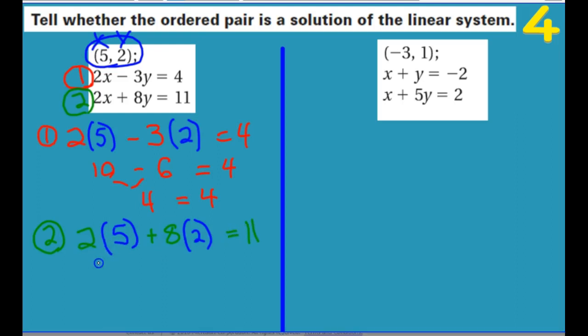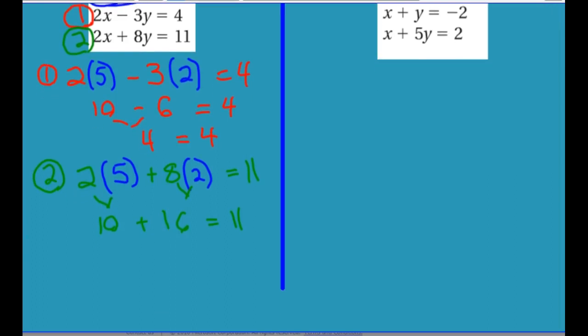So 2 times 5 gives us 10, plus 8 times 2 gives us 16, equals 11. 10 plus 16 gives us 26, and 26 does not equal 11. So this one doesn't work. So this one is no.